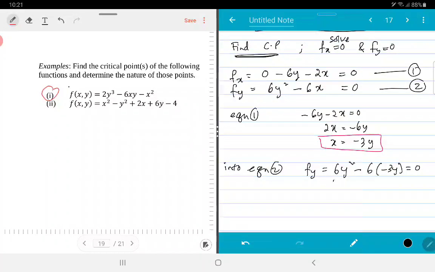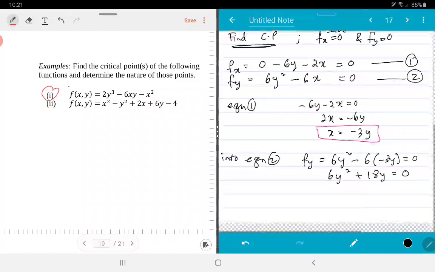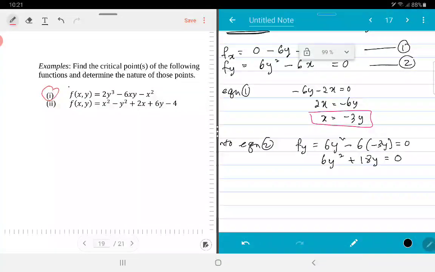So from here we get 6y squared plus 18y equals 0. Now we can find the values of y by factoring 6y out.